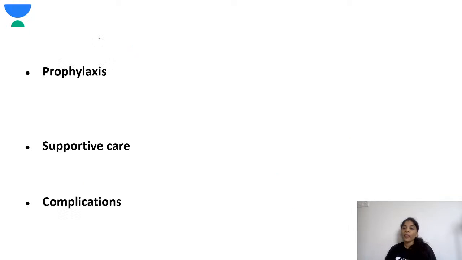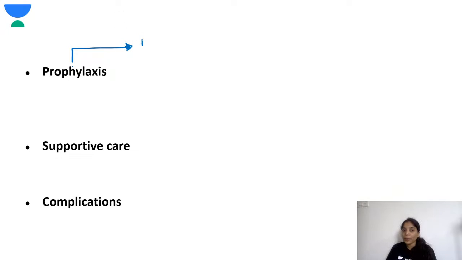Okay, so there is prophylaxis. In whom do you give prophylaxis? In patients who come with recurrent hemarthrosis, you give prophylaxis of the factor.